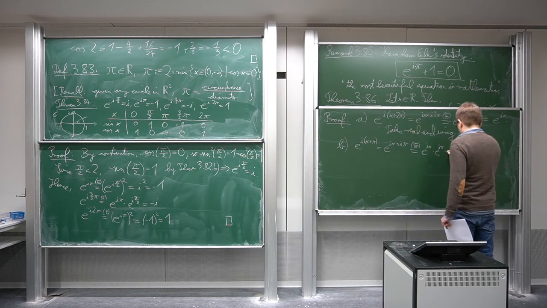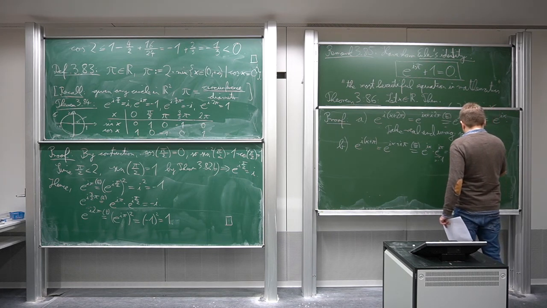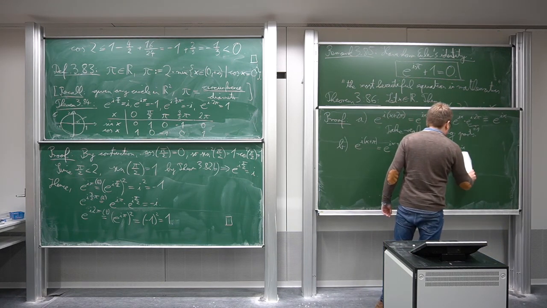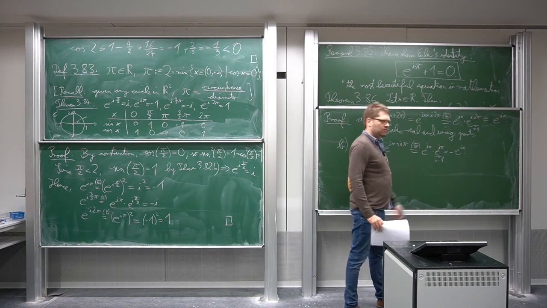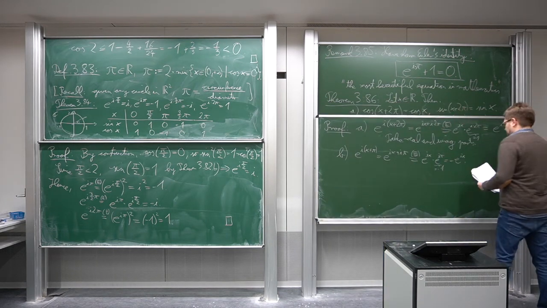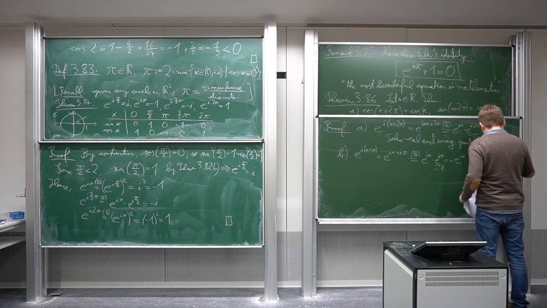And there we've seen that this is minus 1. So we get minus e to the ix. And here we of course get the real and imaginary part of this, minus the real and the imaginary part of e to the ix, which are minus cosine of x and minus the sine of x. And so we get the claim. So again, take real and imaginary parts.